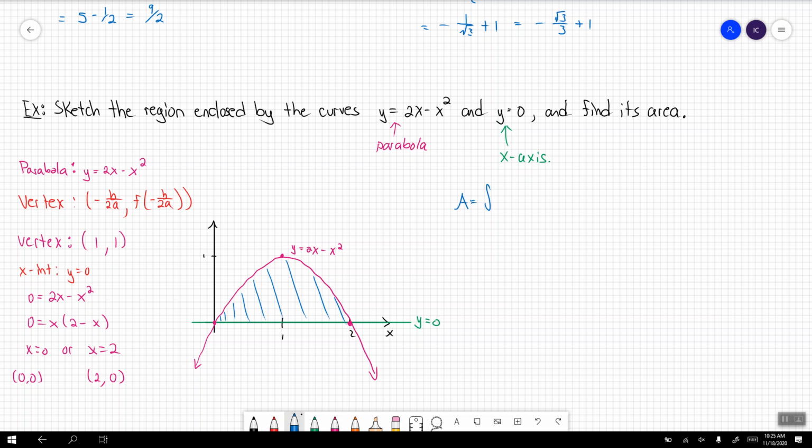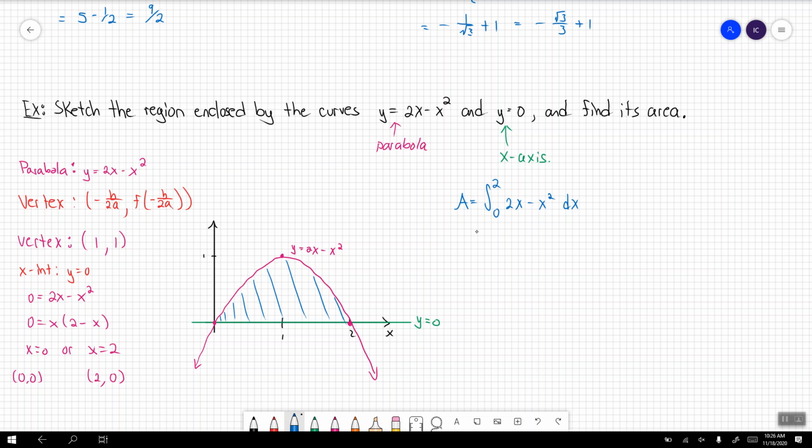So my x values, because we're going to integrate the top portion here, the top of that function is 2x minus x squared. So we know it's 2x minus x squared that we're integrating. Now the x values, the bounds, go from x is equal to 0 to x is equal to 2. So we integrate from 0 to 2.